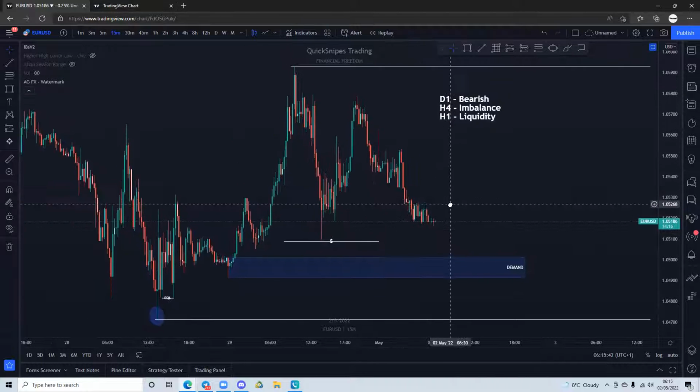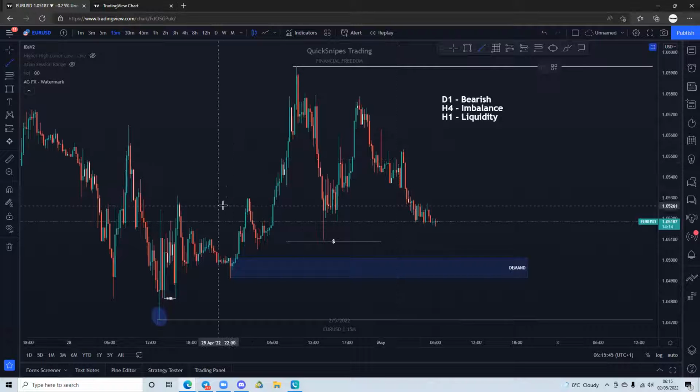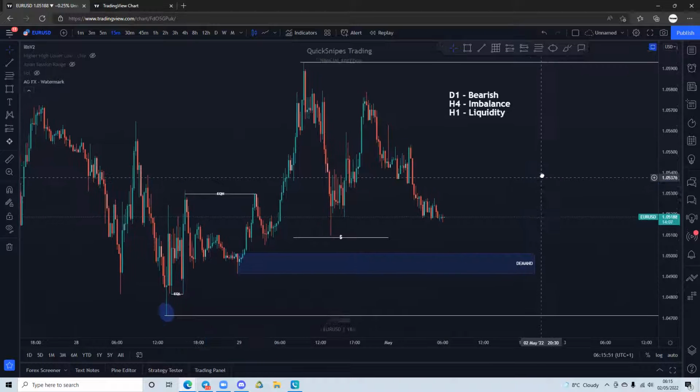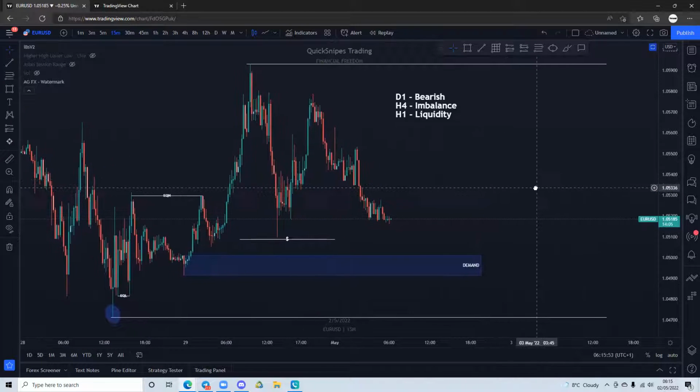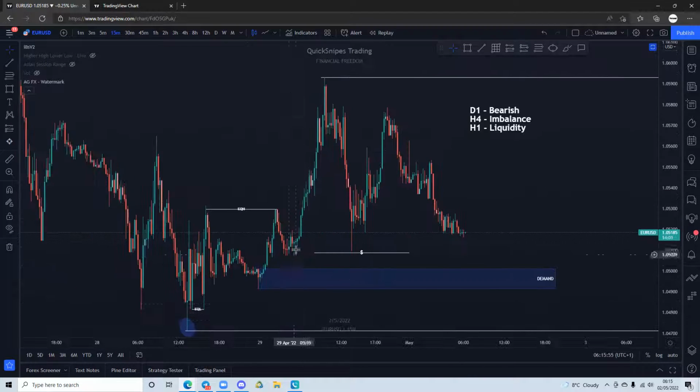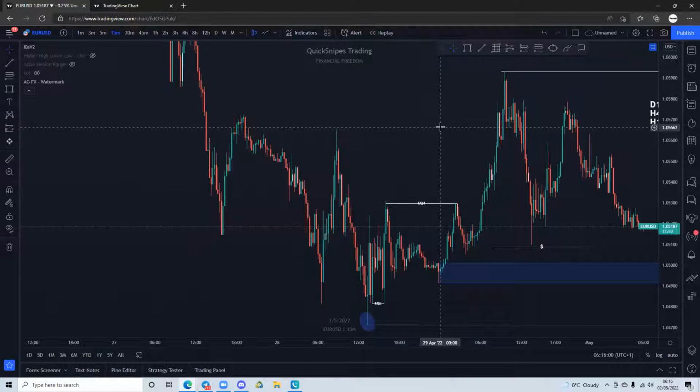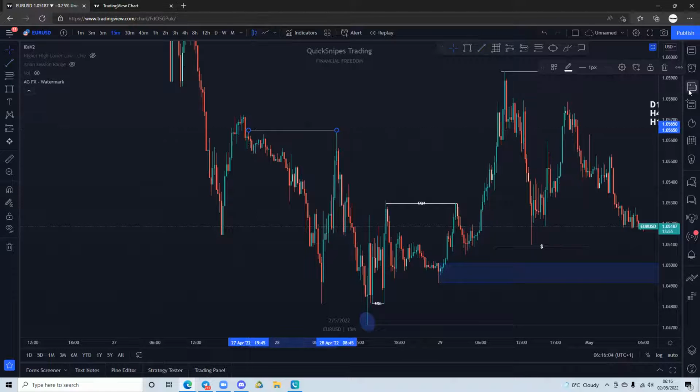So I can see we also have equal highs formed over here. So you've taken out that liquidity to the upside. There's also very weak equal highs over here.